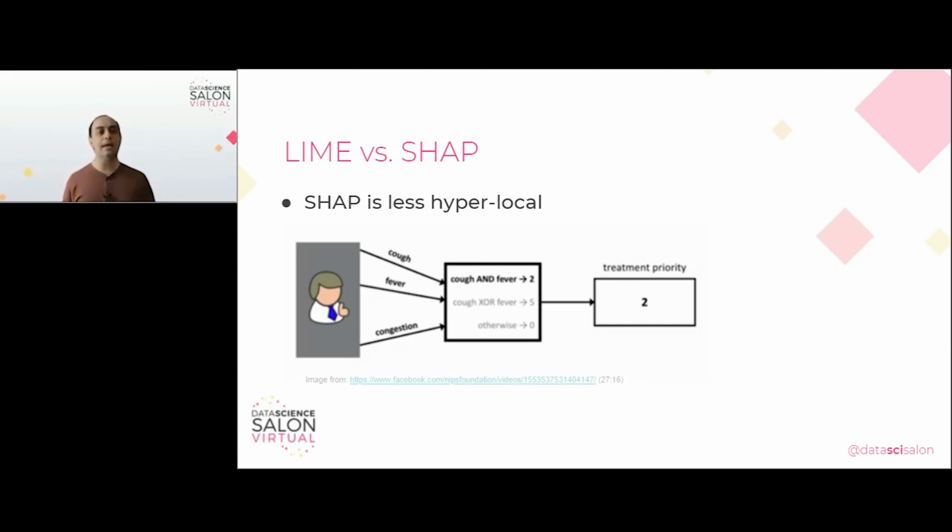Let's look at an example that I saw from the creator of SHAP in a presentation. He said, let's take an extremely simplistic model, not even a machine learning model, to predict whether a patient has the flu. In this not realistic and naive example, a patient comes in and says what their symptoms are.